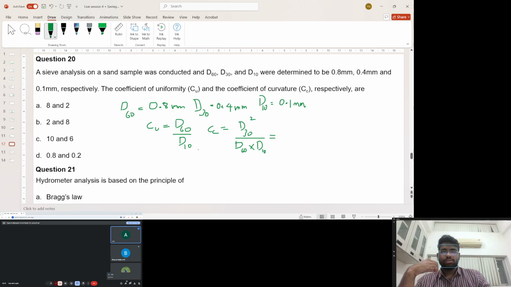If we calculate it, D60 by D10 is 0.8 by 0.1, which is 8.